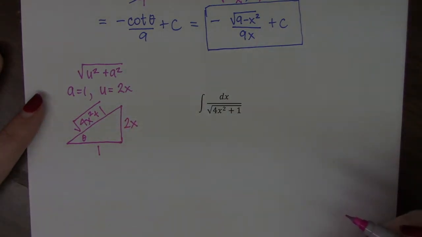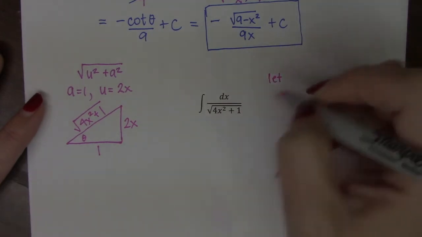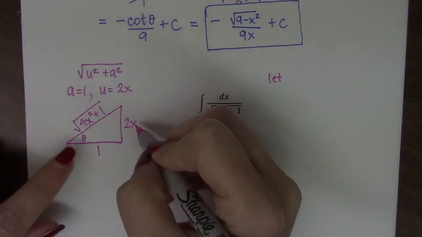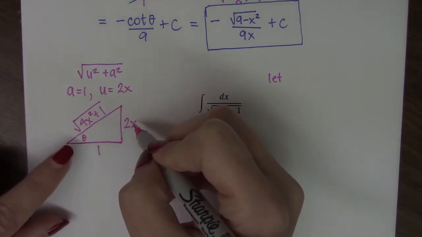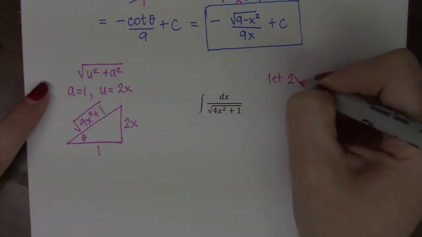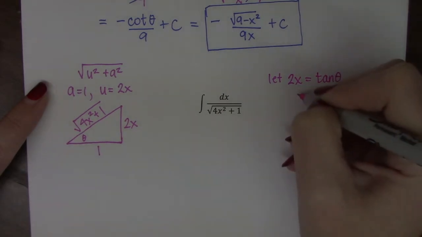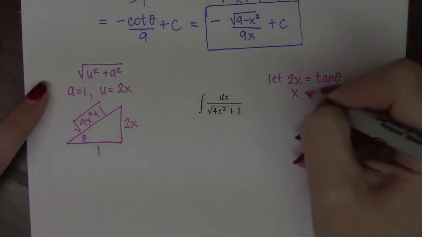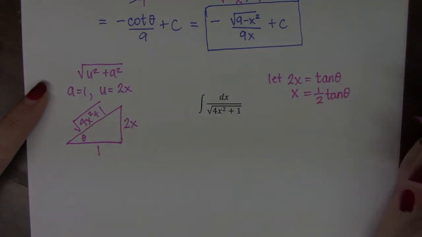Now when I set this up, we can't just say let x equals, it's 2x, because the sides without the radical are the opposite and the adjacent side. So that means tangent of theta is 2x over 1. So 2x equals tangent theta. But I need to know what x is, so I solve this for x. So I get 1/2 tangent theta.